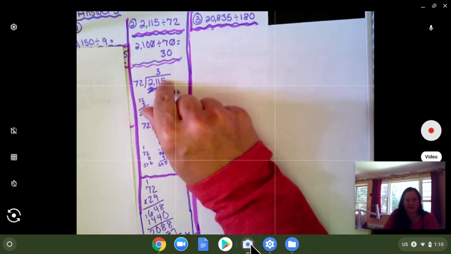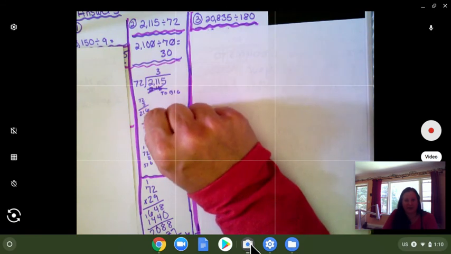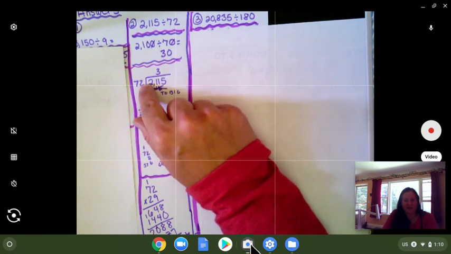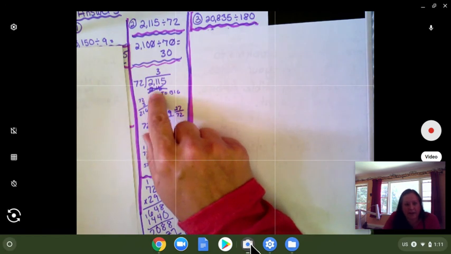So I'd have a digit over the 5 and a digit over this 1. So for the first number, I'm going to start out trying that 3 just to see if it works. And I multiplied, and I found out that when I multiply by 3, it's too big. I had 216, and that's not under 211. So that did not work, that strategy that time.